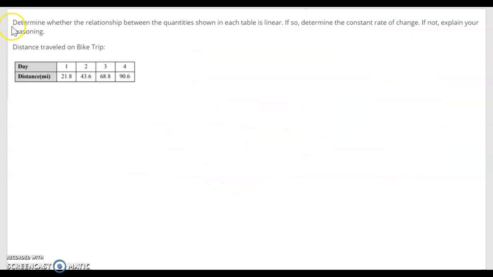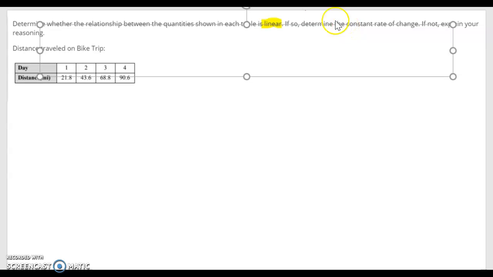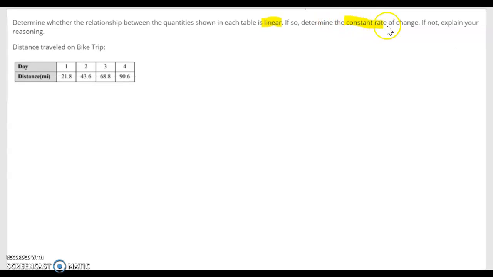Example number 2, again, determine whether the relationship of the quantities shown in the table is linear. If so, determine the constant rate of change. If not, explain your reasoning. When I look at these, I'm going to use a vertical table.